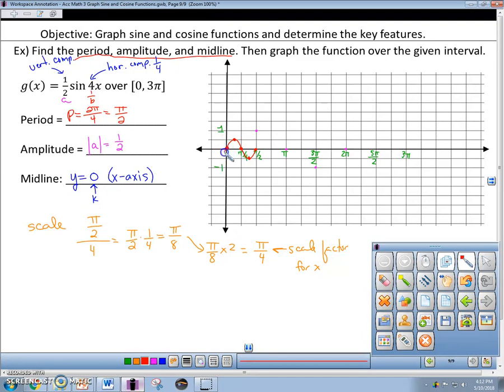And so now what we're going to do is extend that. So what happens is that you'll notice at the halfway marks, we have our maximums and minimums. So we have maximum, and then a 0, and then a minimum, and a 0, and then a maximum, and then a 0, and a minimum, and a 0. And it just keeps going like that. And we want to keep doing this pattern until we get to the end of our interval at 3 pi.